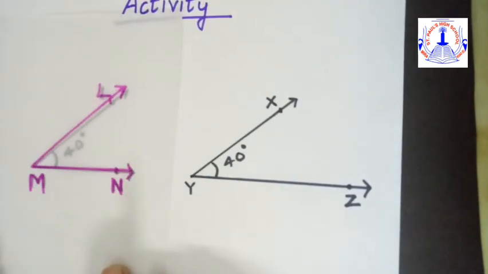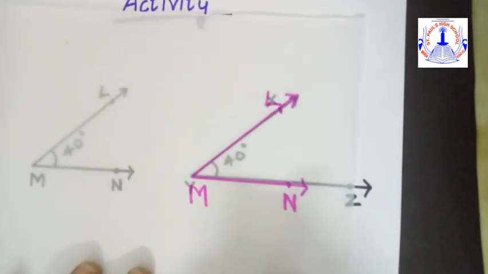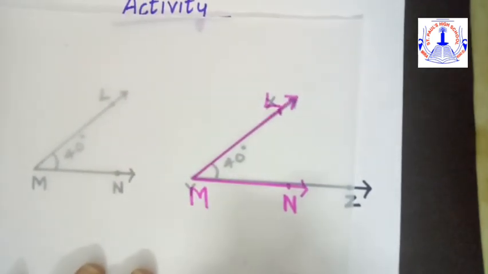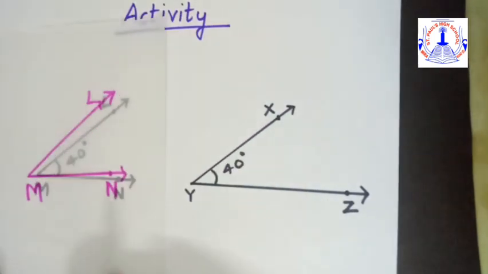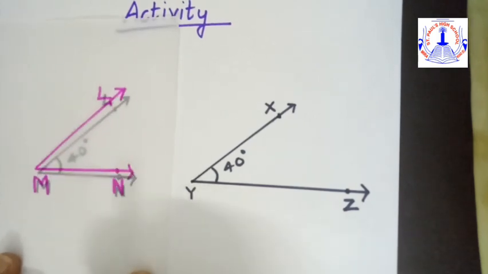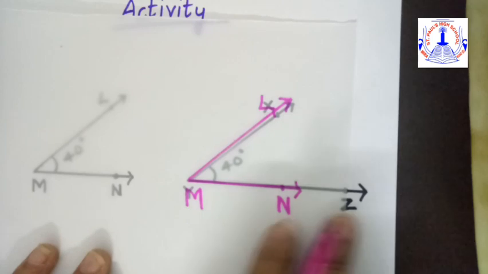So here it is LMN and when we place it on XYZ, we can say that both the angles are of equal measure, so both the angles are congruent. The congruence of the angles does not depend on the length of their arms.